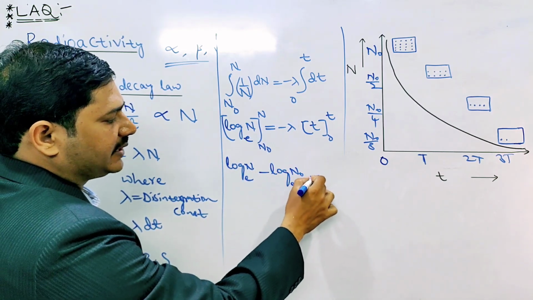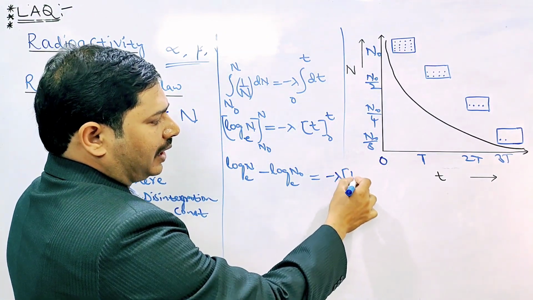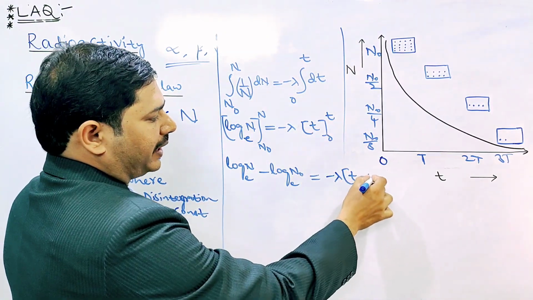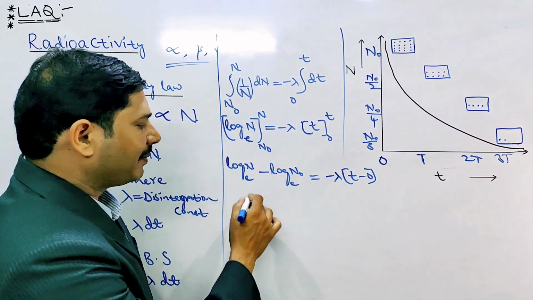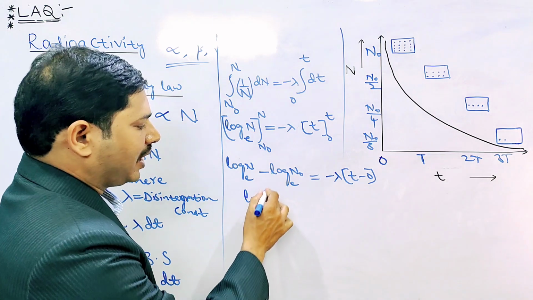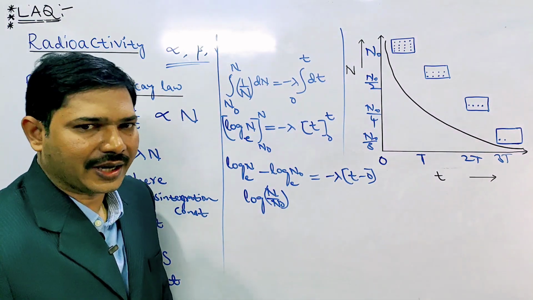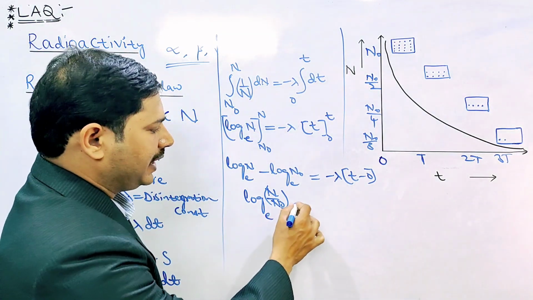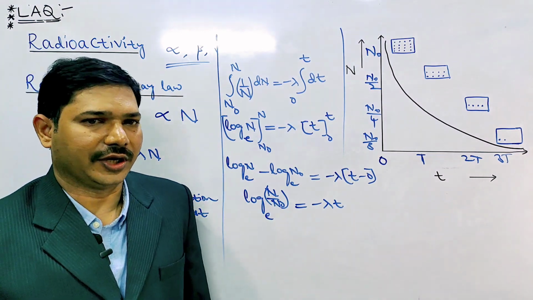Is equal to minus lambda, upper limit t minus lower limit 0. The formula for log a minus log b is log a by b, so log N by N naught is equal to minus lambda, t minus 0, which is t only.